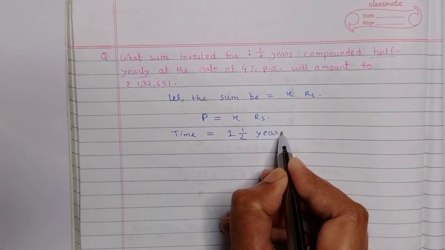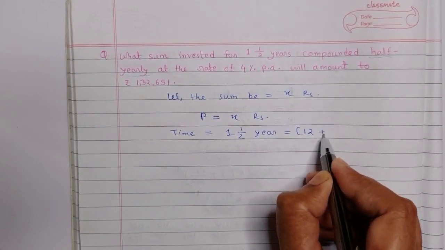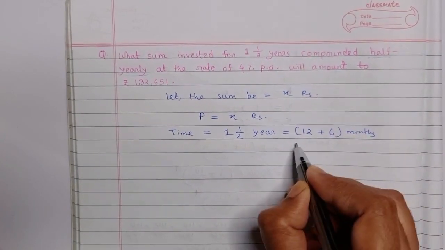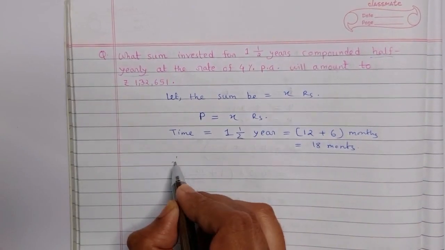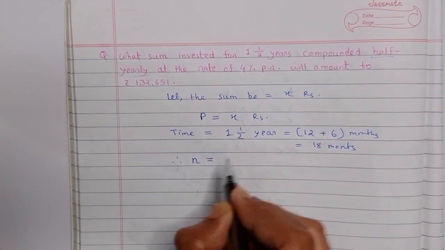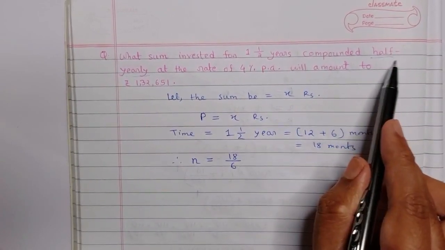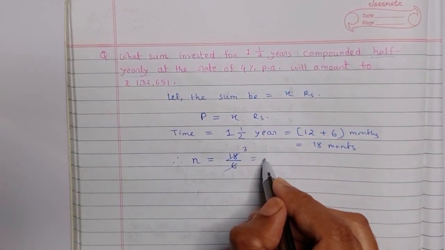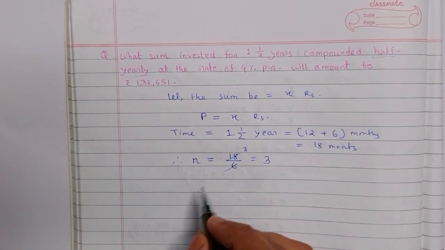I have to convert this into months. I know 1 year means 12 months and half year means 6 months, which equals 18 months. So the N, the time period, will be 18 divided by 6 because it is half yearly. The answer should be 3. So your N, that means the power, will be 3.